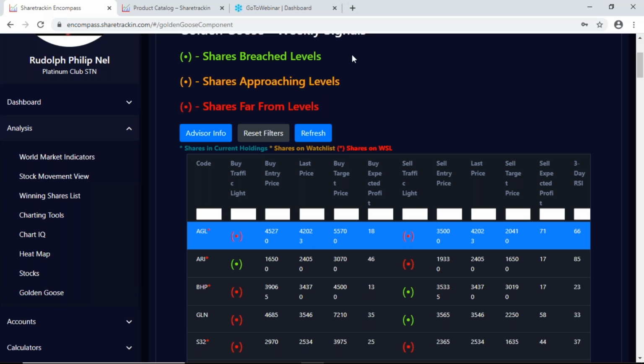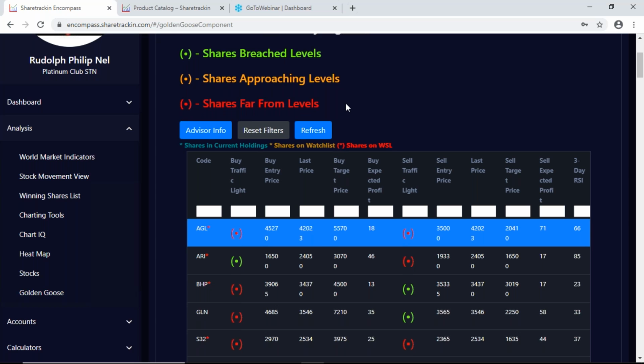So when a share has breached its level, it means that you can most probably go and buy into that share. If it's still approaching that level, then you must not buy into that share yet. It's still on its way to breaching that level. If it's red, then the share is still far from its level, so don't go and look at that share immediately.